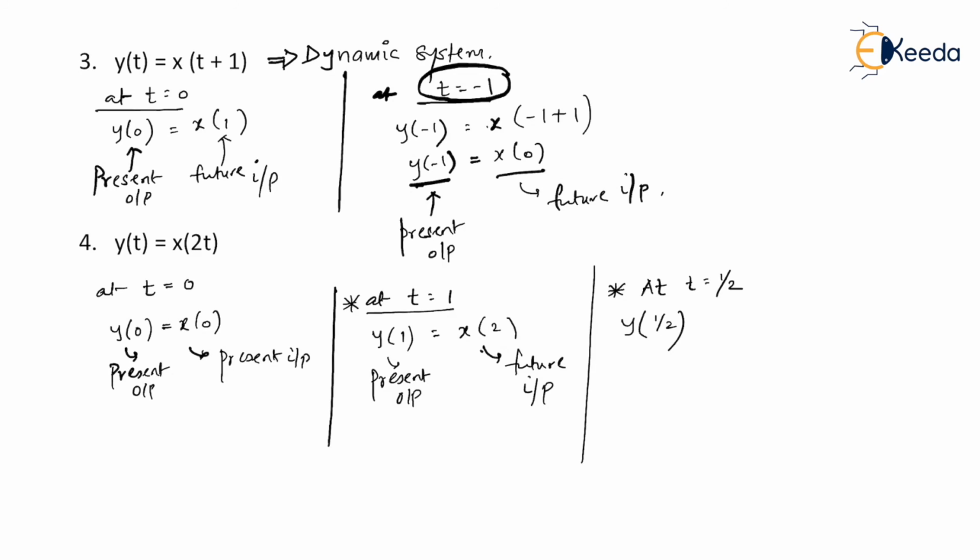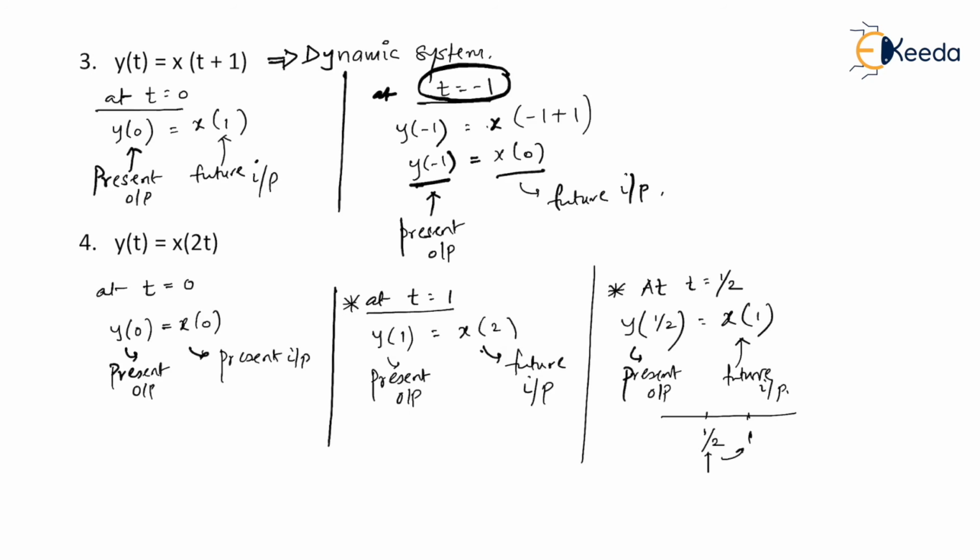So y of 0.5, that is y of t at t equal to 0.5, which is x of 1. Is that right? So now if you see on a time scale, this is half and this is 1. So this is when I say present. So t equal to 1 becomes future. So again, present output depends on future input.